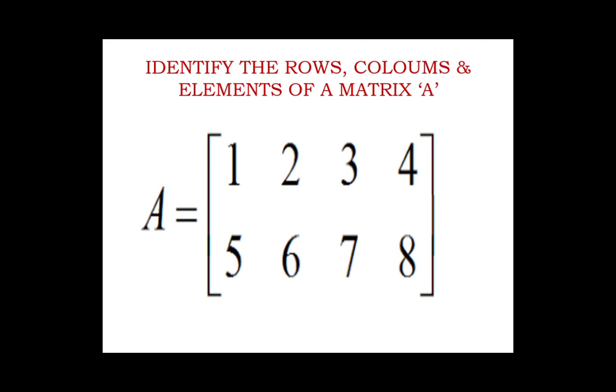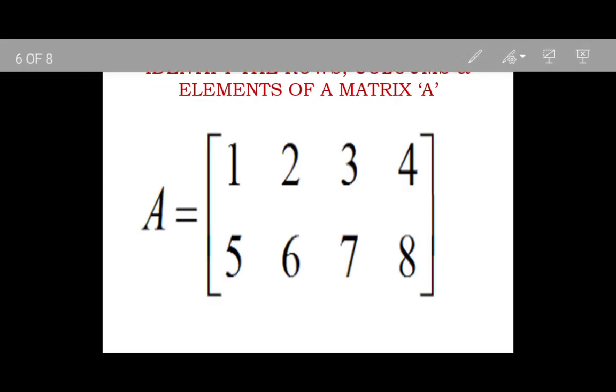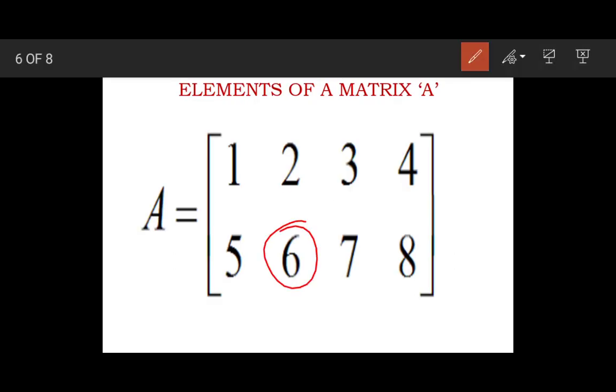One more example. Here you have to identify the number of rows, number of columns and elements of a matrix A, and then you have to write the position of numbers. Okay, position of number 6, position of number 4, position of number 8.